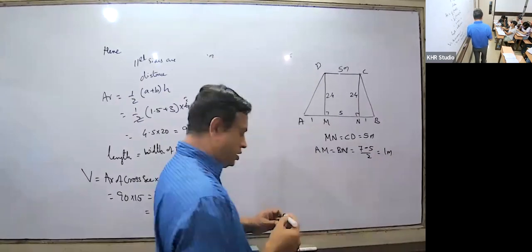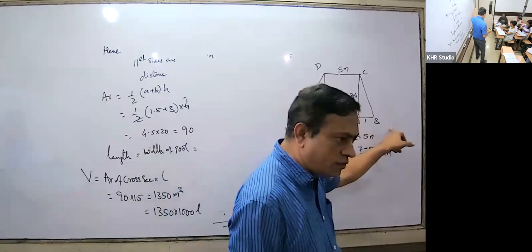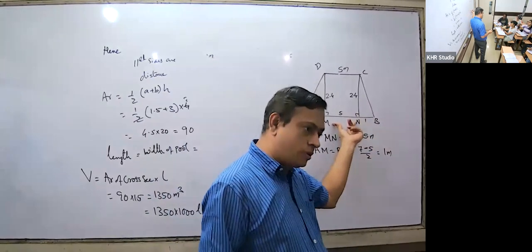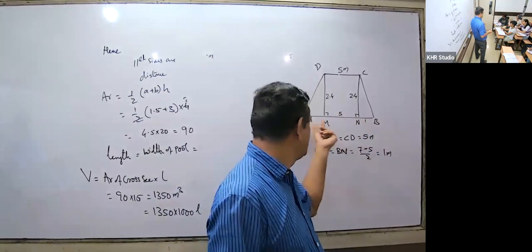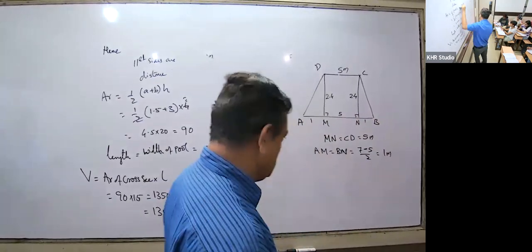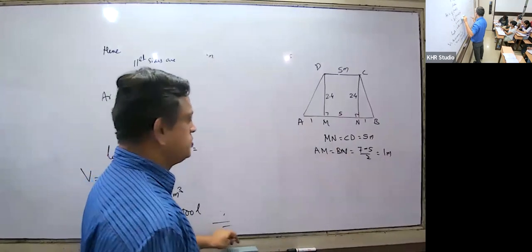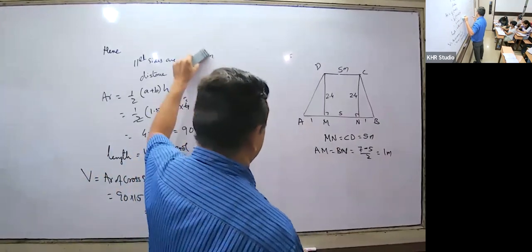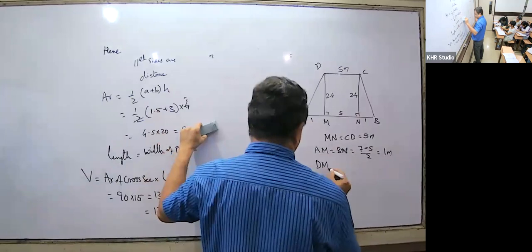Have you followed? Why did I write this? The total is 7. From here, 5 is removed. The remaining parts are equal. DM is equal to CN is equal to 2.4 meter.